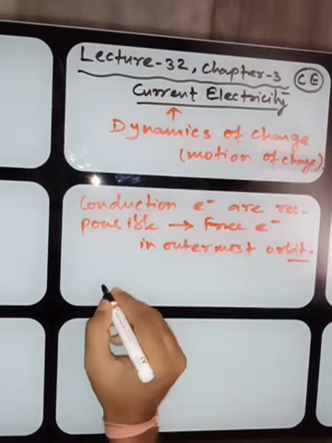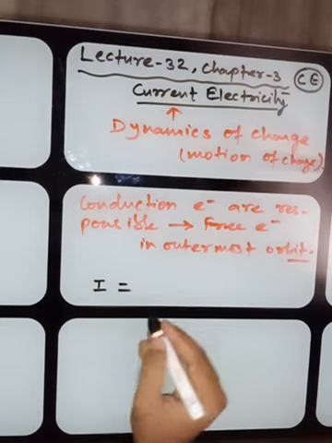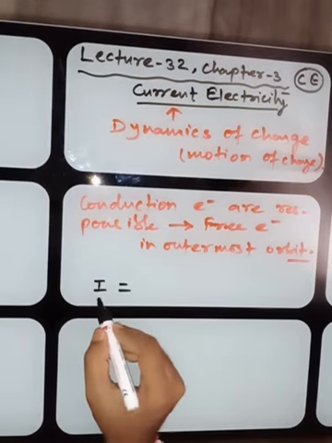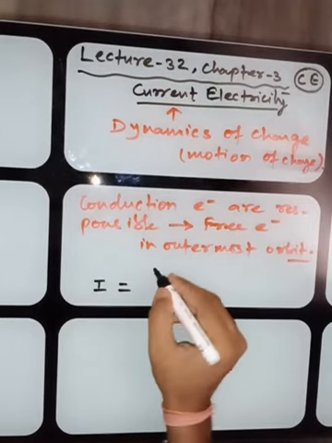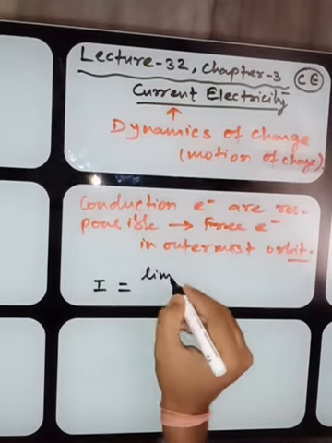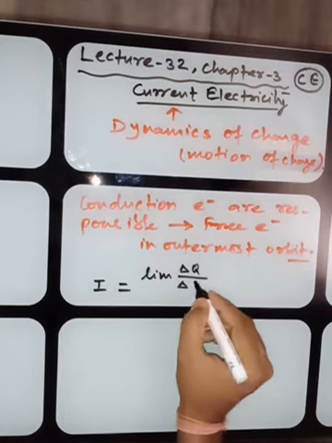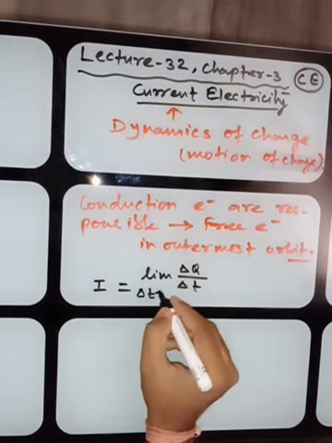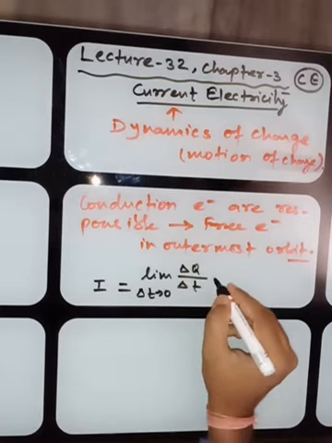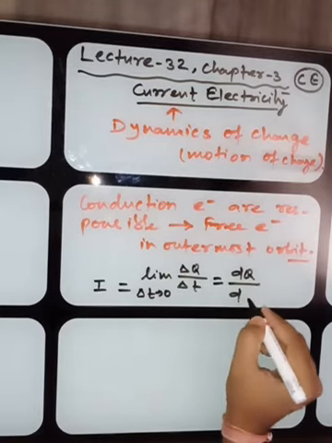If you try to write it mathematically, here we are representing electric current by I. So it can be represented as I equals the limit of a small amount of charge in a small time. If you let the charge move within that particular time, this will give you the rate of charge.